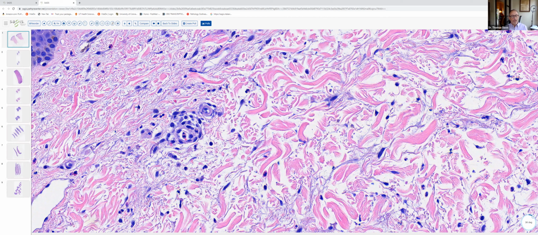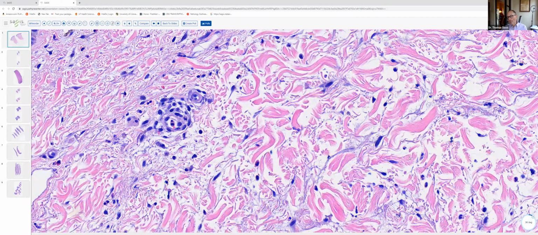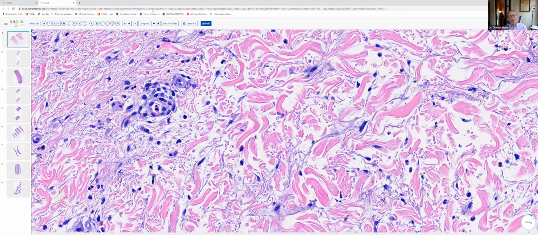Here, we can see that we've got a number of lymphocytes present, but in addition to lymphocytes, we've got eosinophils. You see one here, and also scattered throughout the infiltrate, we have a few neutrophils. Here's a neutrophil over here. I'll go ahead and circle it with my pencil.